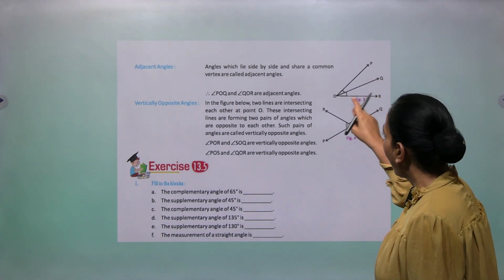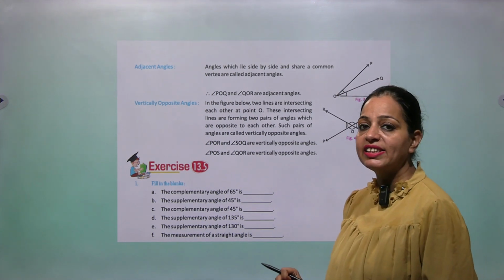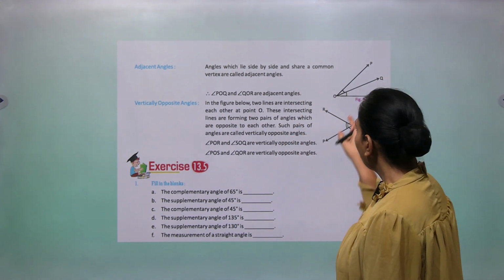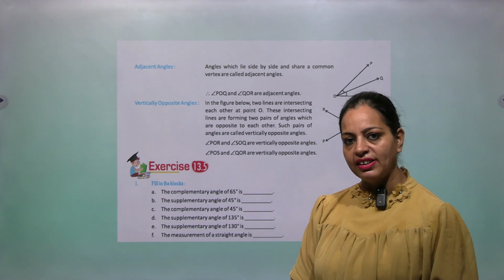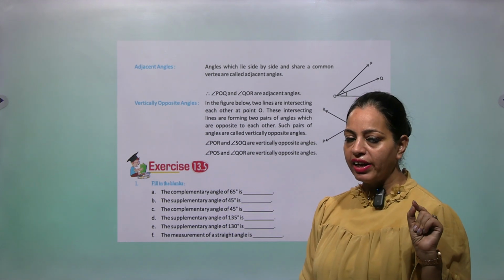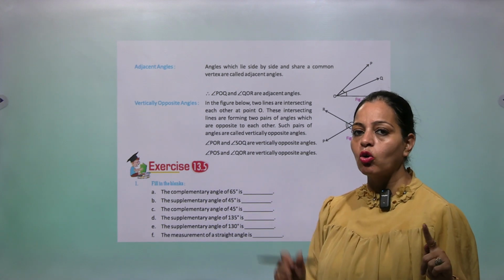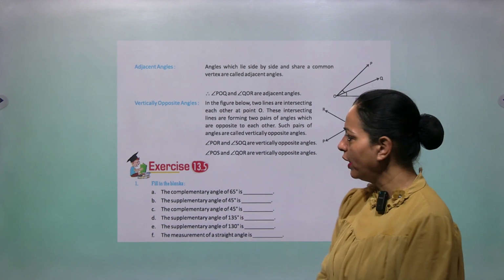So here ROQ and POQ, these are adjacent, साथ साथ. So POQ and QOR are adjacent angles. One thing is common vertex, the other thing is common arm, and the third thing is common arm should be between the other two arms, right?